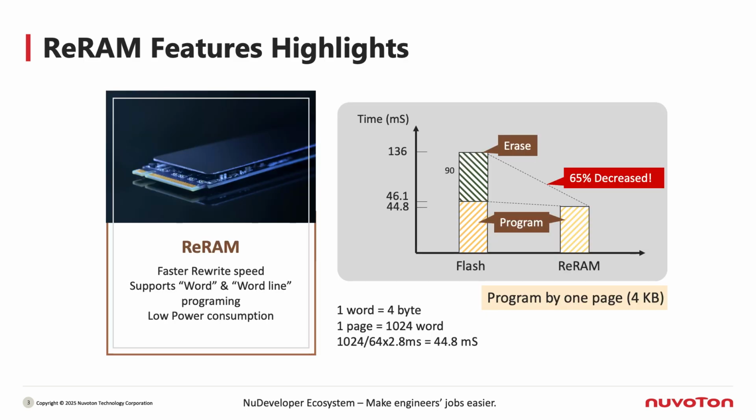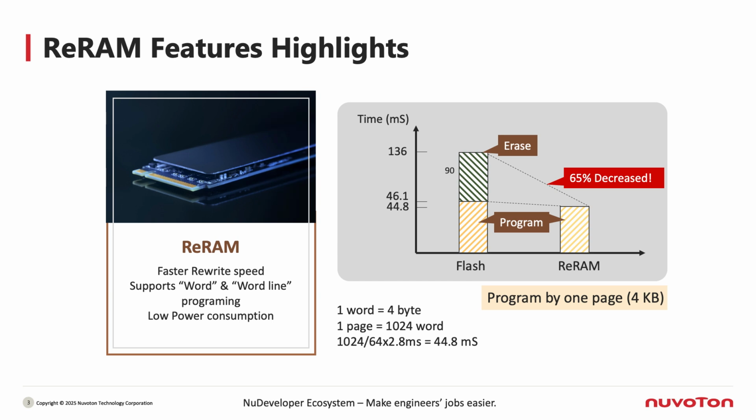In traditional NOR flash, data must be erased first before it can be written, a process that takes at least 20 milliseconds. However, the ReRAM used in the M2L31 series eliminates this requirement, allowing data to be written directly without an erase step.